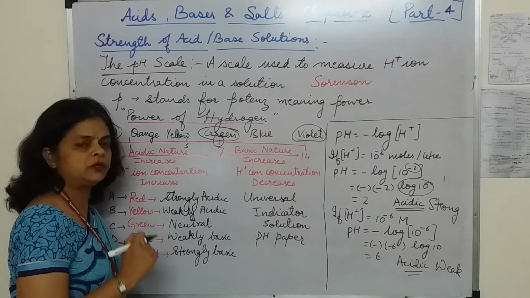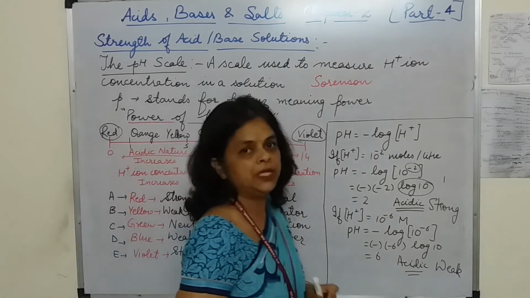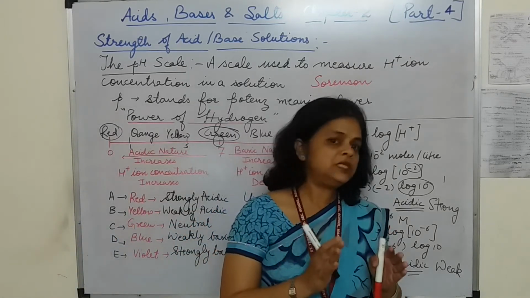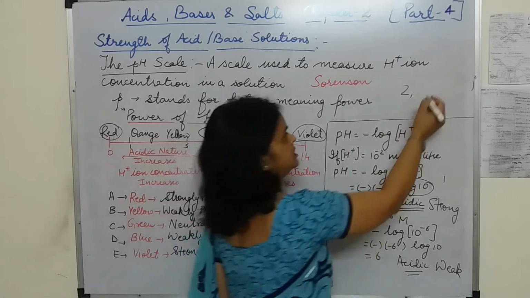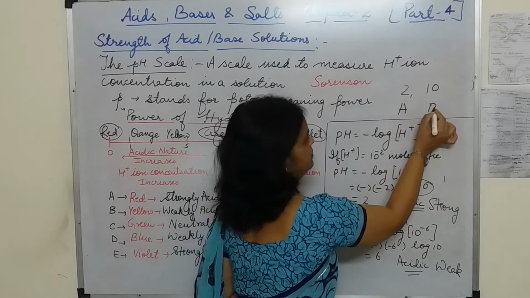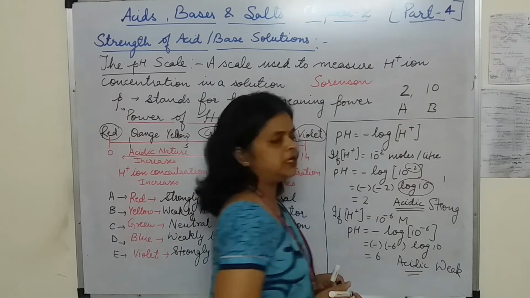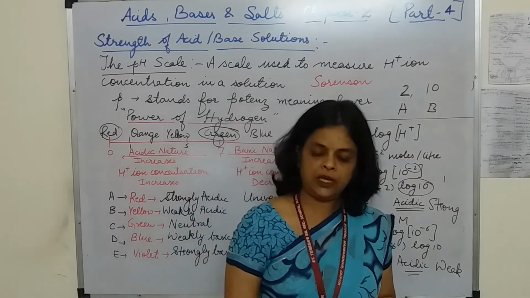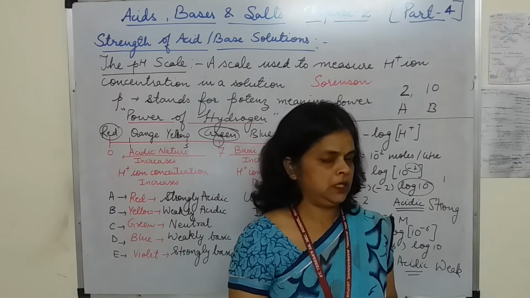One question here I would like to ask you. There are two solutions, A and B. A has pH 2 and B has pH 10. Out of A and B, which will turn phenolphthalein solution pink?